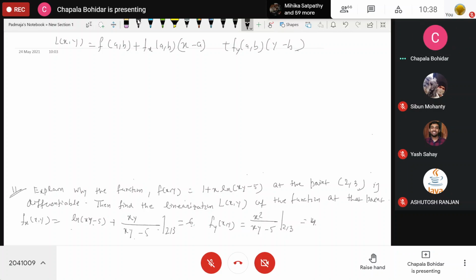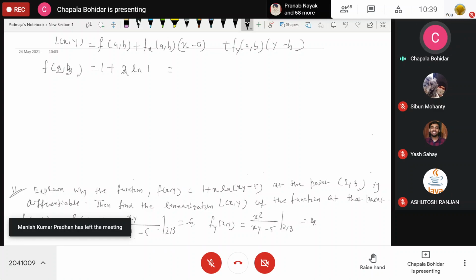Isn't it? So here f of a, b means our 2, 3. Here x is our 2, it is 2, 3, 6. So ln 1 is 0, I'll get 1. So 1 plus 2 into ln 1. So we get 1.